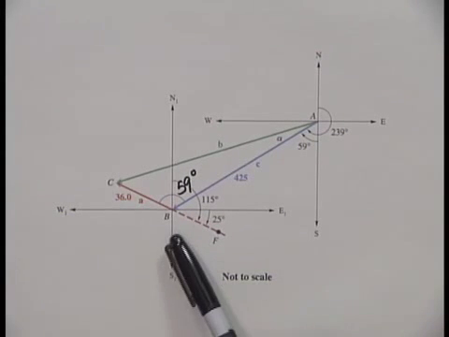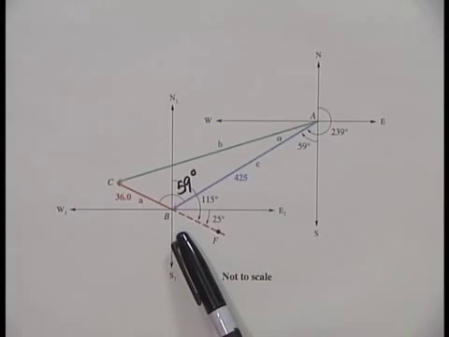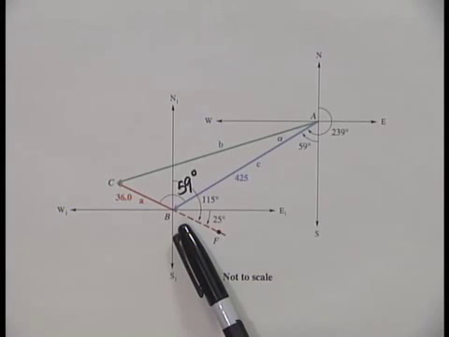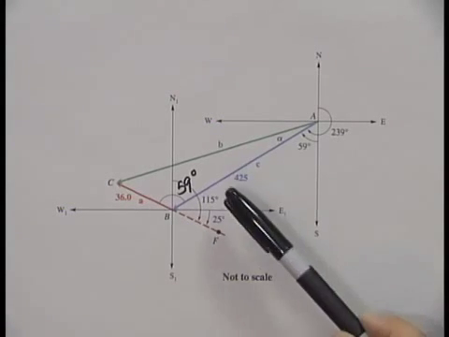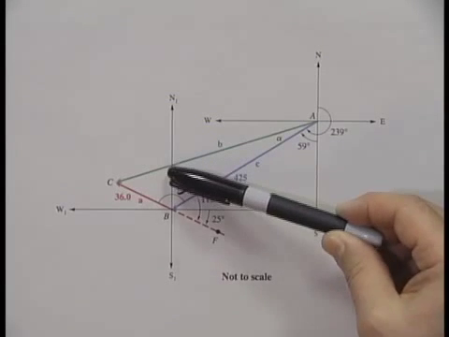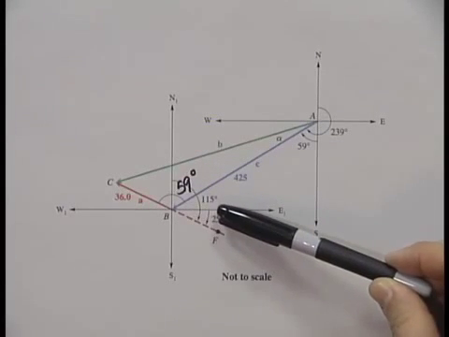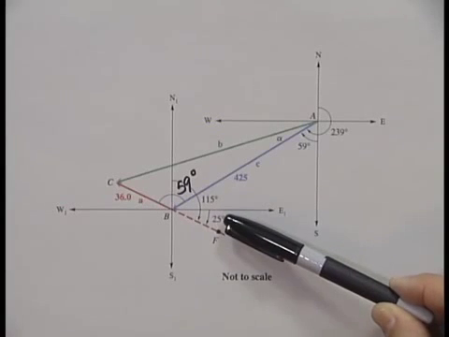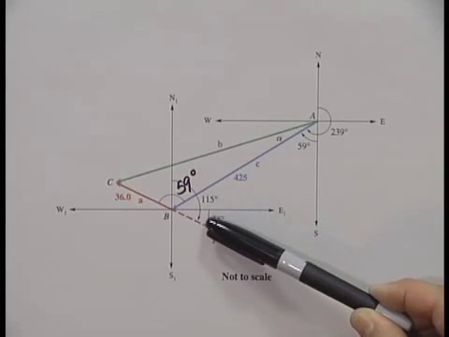Now, let's go to the wind speed. For the wind speed, we had the angle of 115 degrees. If we subtract the 90 degrees, that gives us an angle of 25 degrees here.